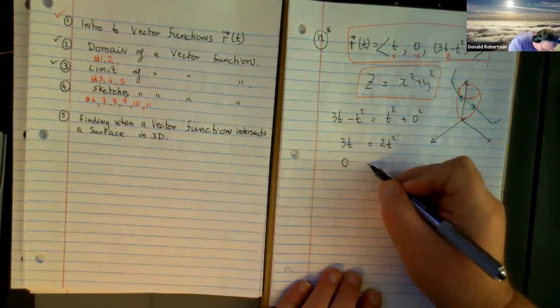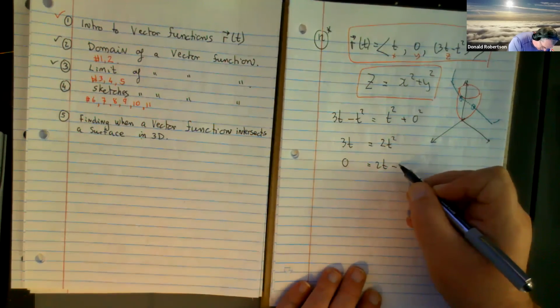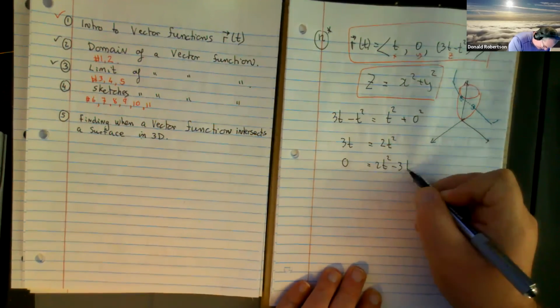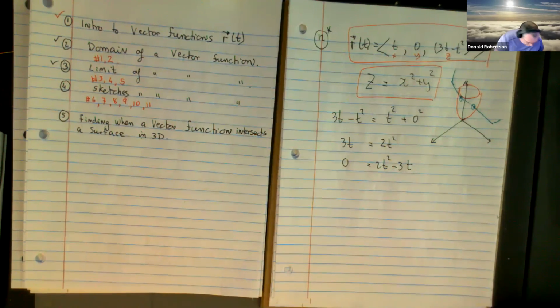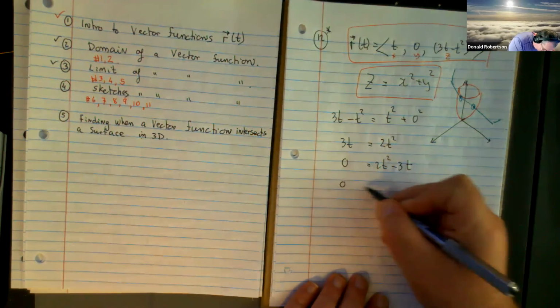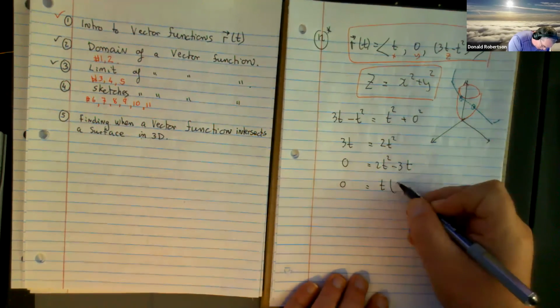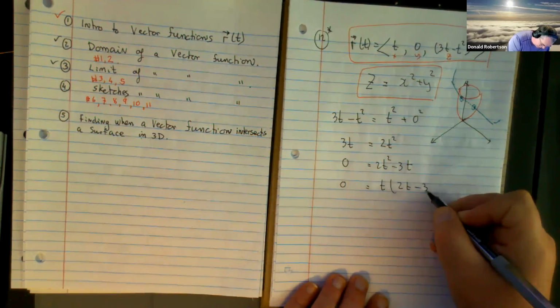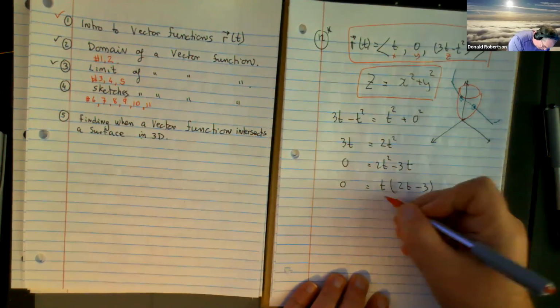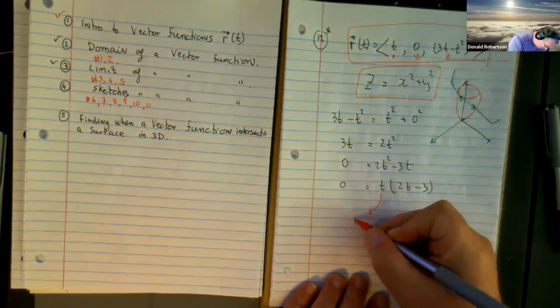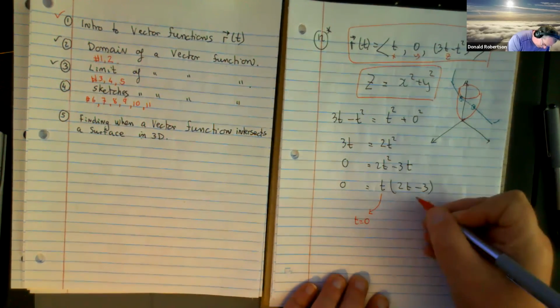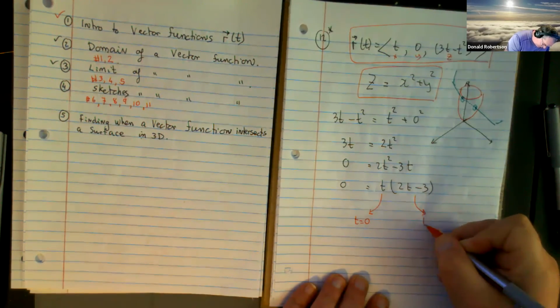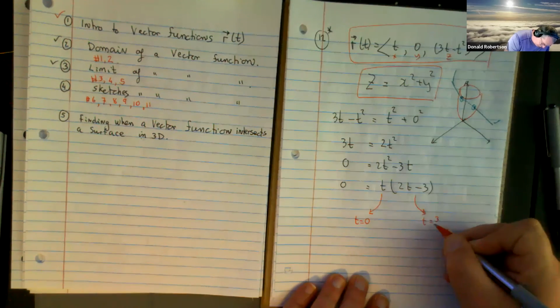If I then subtract 3t from both sides, I get that. Probably made that harder than it is. Pull out a common factor, then there are going to be two answers. One is when t equals 0, and the other is going to be when t equals 3/2.